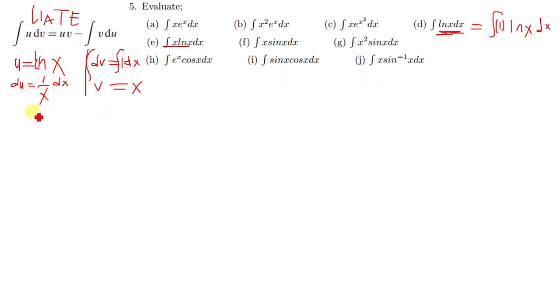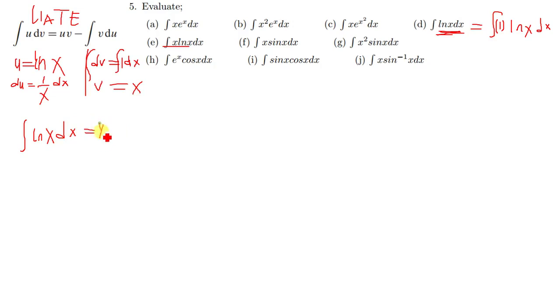So here you discover that your solution, the integral of ln x dx, will now be equal to uv. So your u will be ln x and then your v is x.